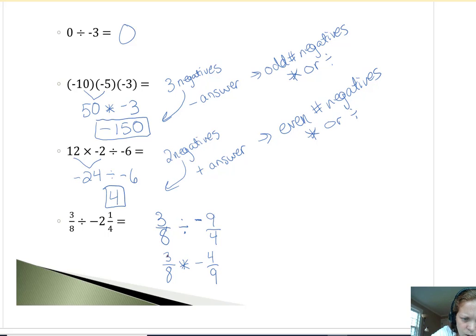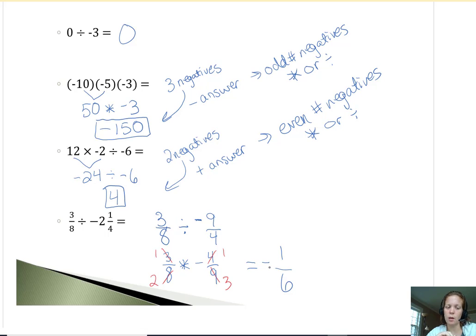I could do 12 over 72 and then reduce, but I'm going to reduce this 3 and 9 down to 1 and 3, and 4 and 8 will go down to 1 and 2. Now when I go straight across on top, 1 times 1 is 1, 2 times 3 is 6, and the first number was positive, the second one negative, so this will be a negative 1/6.